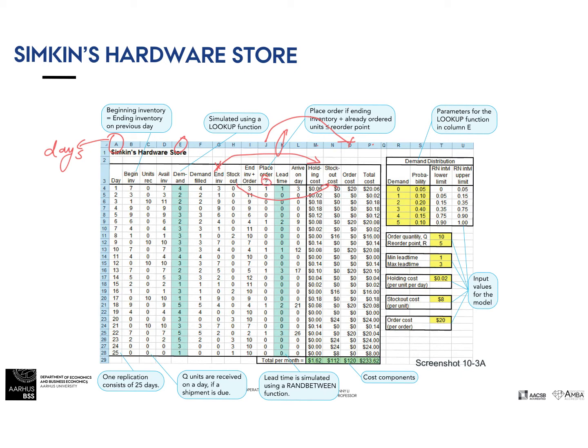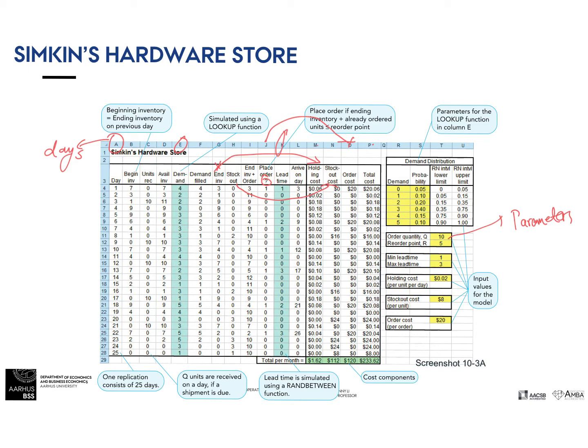Here we also have these yellow cells. They are basically the parameters for your problem. These parameters include order quantity Q and reorder point. The reorder point is 5 and the order quantity is 10, so it's just one random example. You can actually give different order policies.